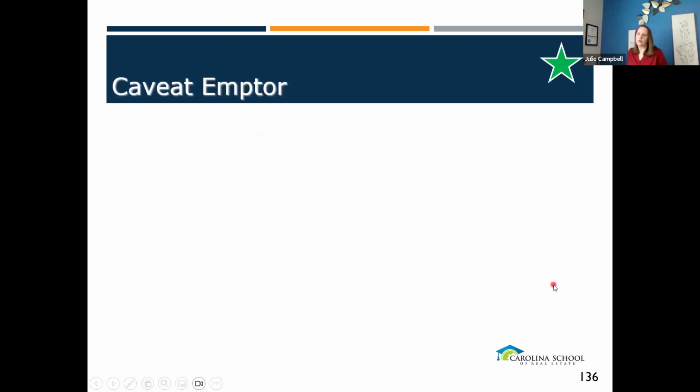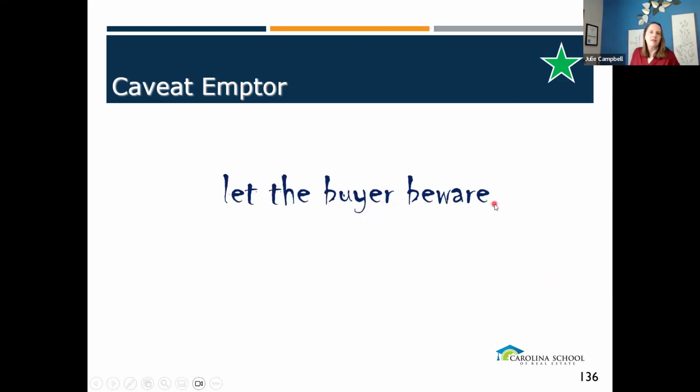So caveat emptor. What do we say this meant? What do we say caveat emptor means? Buyer beware. North Carolina is a caveat emptor state, which means the burden of discovery, the burden of learning about the property, is not on the seller to disclose. The burden to learn is on the buyer.